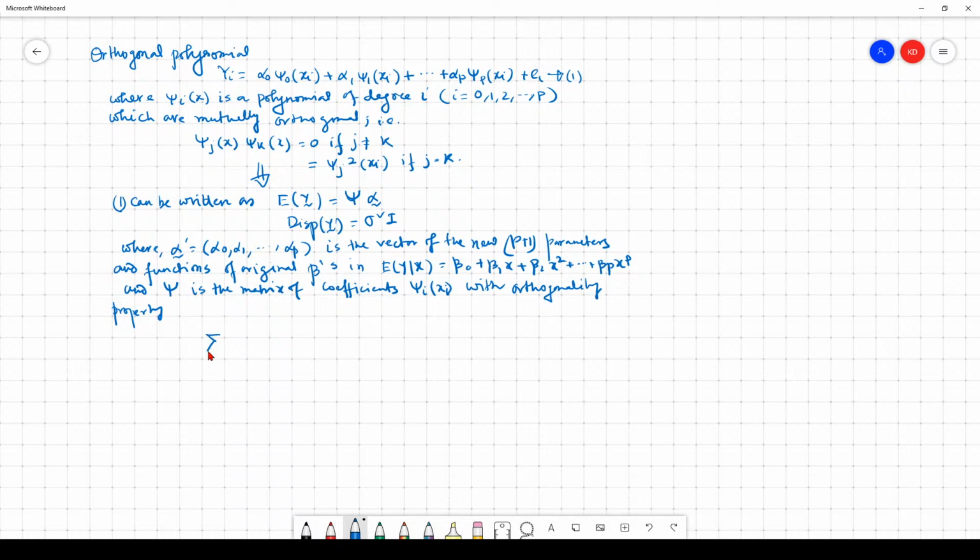That is, the sum over i from 1 to n of psi j xi psi k xi is equal to 0 if j not equal to k, and the diagonal elements are the sum over i from 1 to n of psi j square xi, if j equal to k.